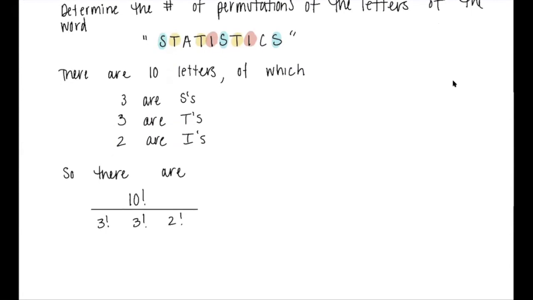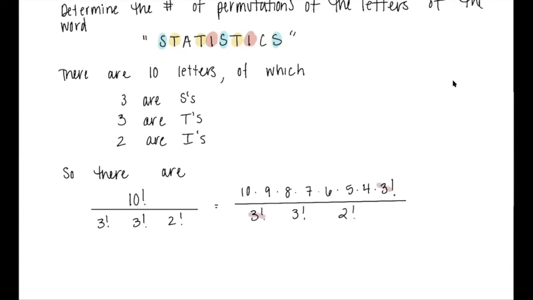Again, you can plug this into a calculator. If you want to do this by hand, you can pull out the 10 and get 9 factorial. Keep pulling off numbers until you land at 3 factorial. This way, some of those 3 factorials cancel.